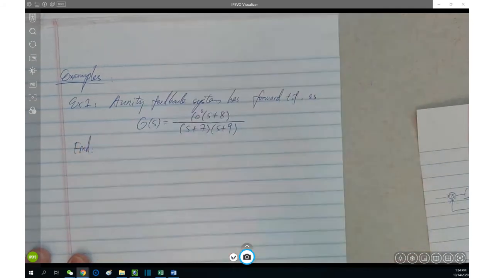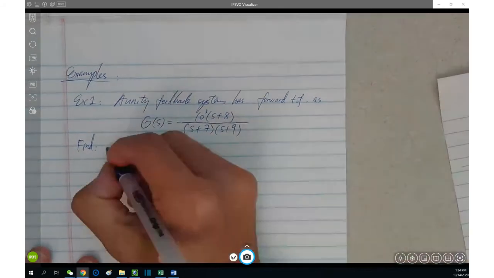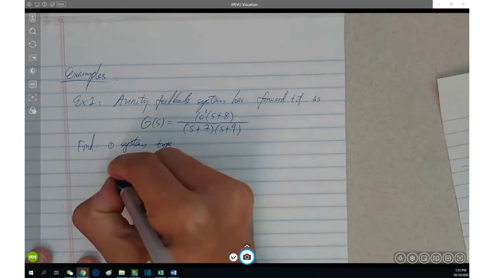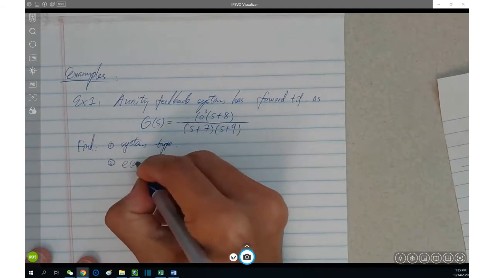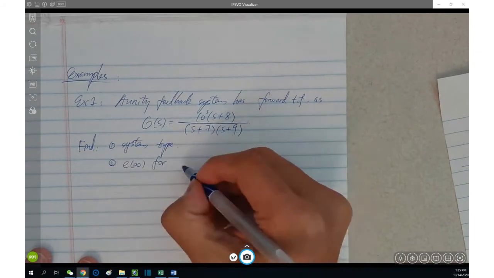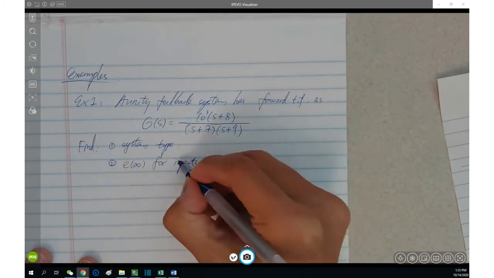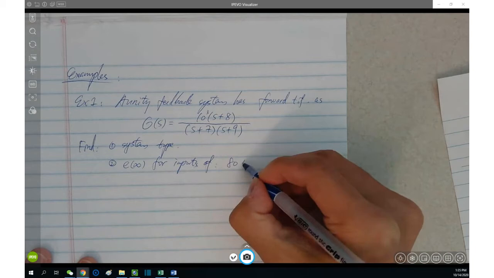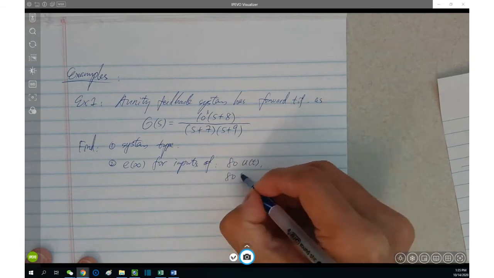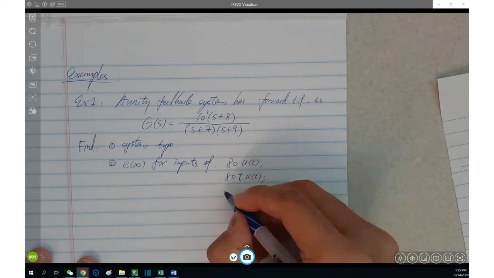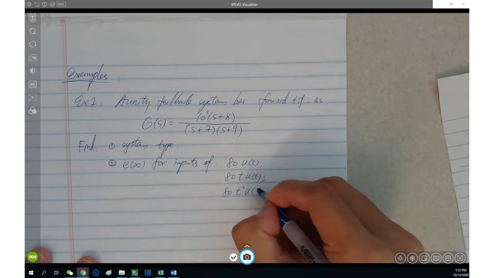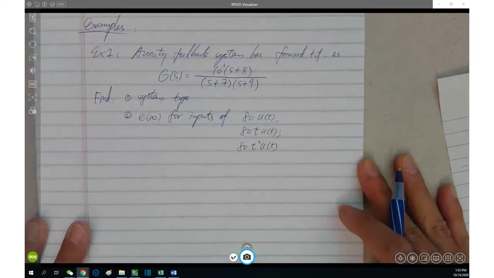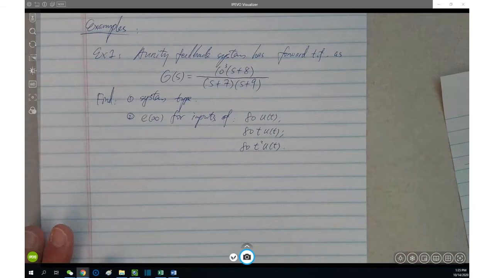The questions are very simple: first, find the system type, and second, find the steady state error for different inputs: 80 u of t, 80 t u of t, and 80 t squared u of t. This is the first example, so the easiest case.